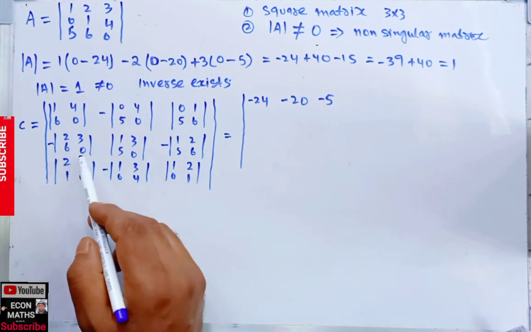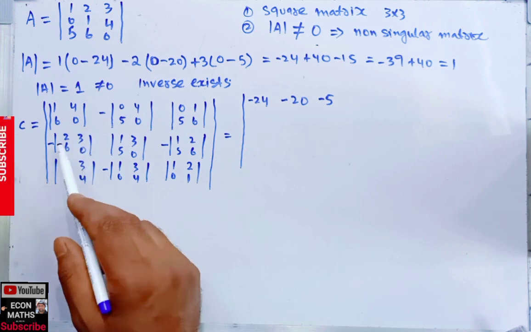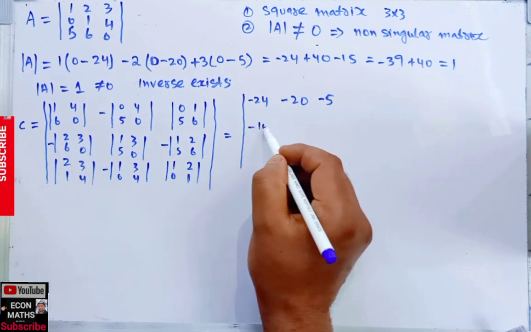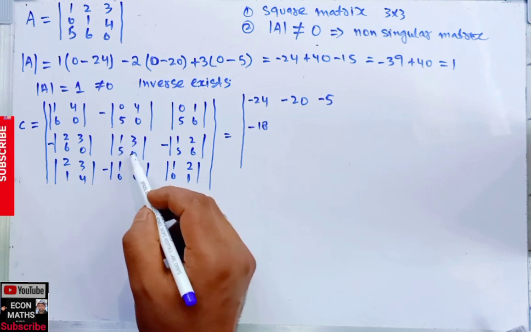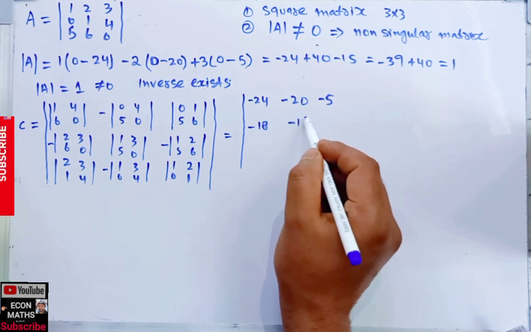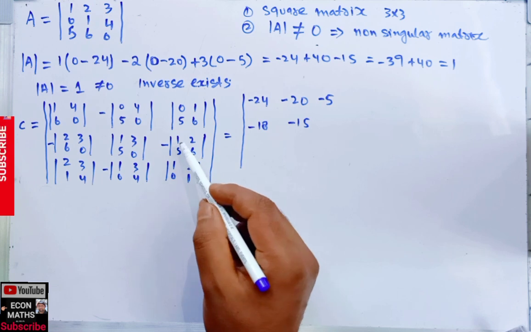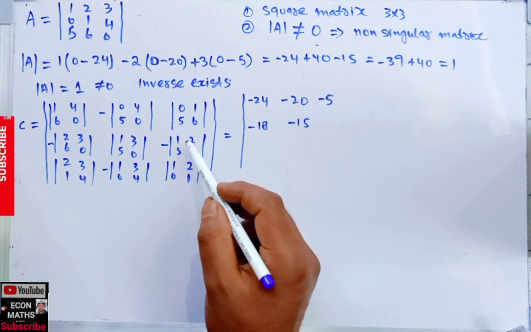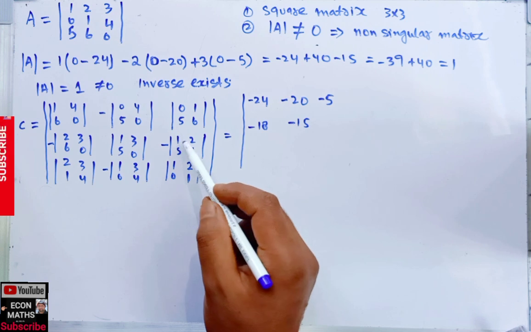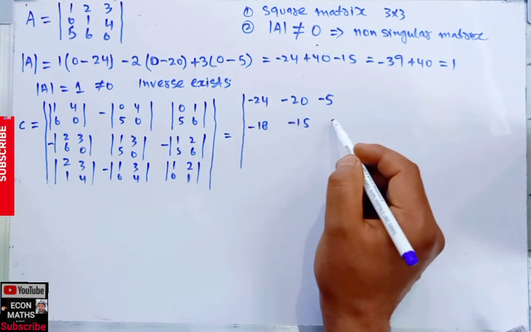Here 2 times 0 is 0, 6 times 3 is 18, that is minus 18, because of the given sign. Similarly, 1 times 0 is 0, minus 5 times 3 is 15, so minus 15. Similarly, here 1 times 6 is 6, minus 5 times 2 is 10, 6 minus 10 gives us minus 4, but we have here positive sign, so this will become positive 4.